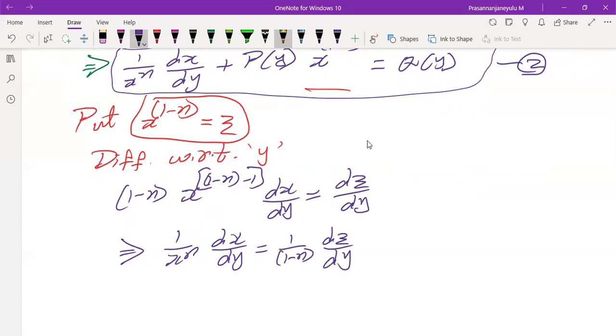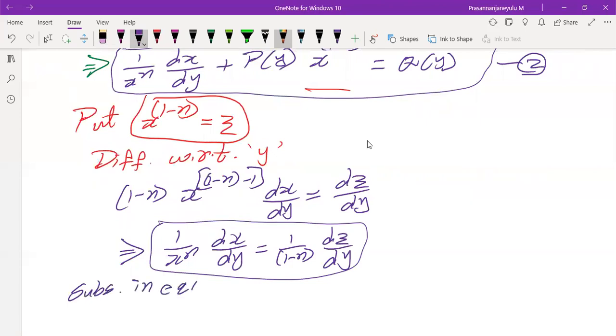Now substitute this in our equation number 2. If we substitute in equation 2, what are we going to get? What is the first term of equation number 1? 1 by x power n into dx by dy. As I gave the clue in the previous method, we are getting the same here.